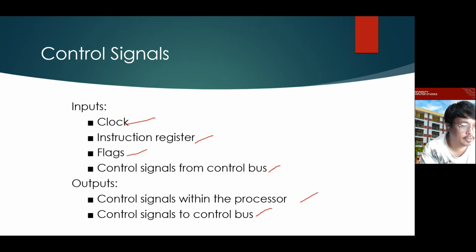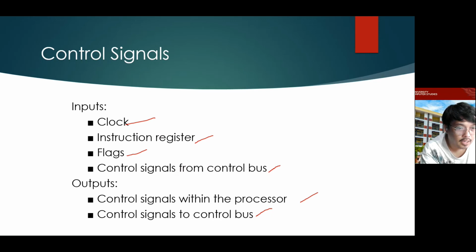The control unit does this by activating the control signals that open the gate between the bits of the PC and the MAR. The next step is to read the word from the memory into the MBR. After that, the increment of the PC. Then it goes back to the first step of the cycle.